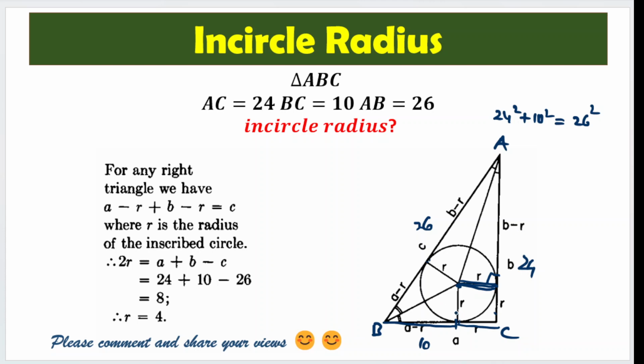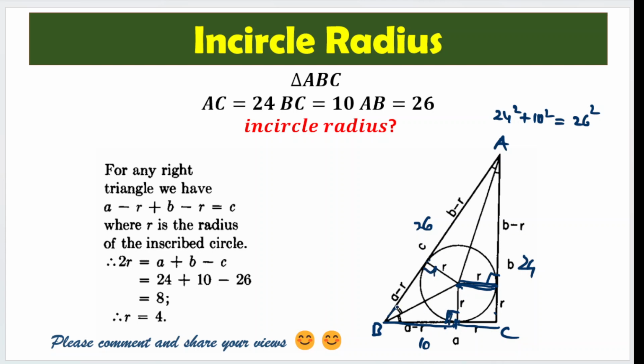Now again, this is another perpendicular, and similarly, this is also another perpendicular, because the circle touches this point, and this is the radius, and the radius is perpendicular down from the center to the side. So that's why this is also 90 degrees, this is also 90 degrees.